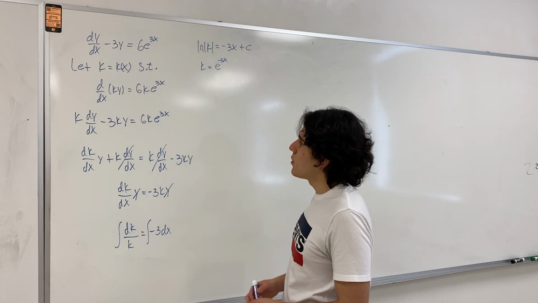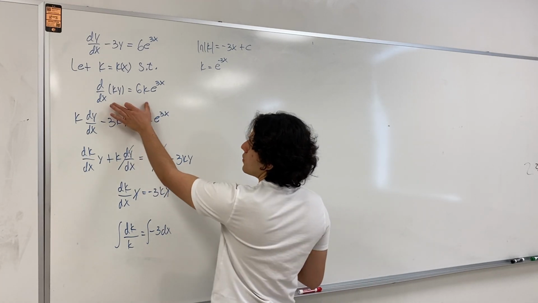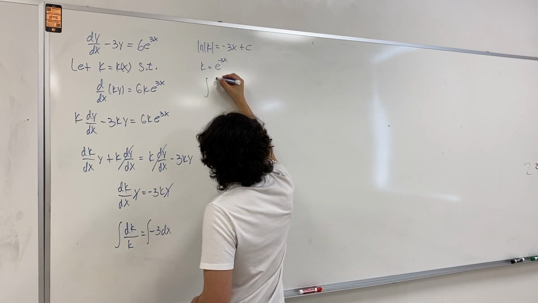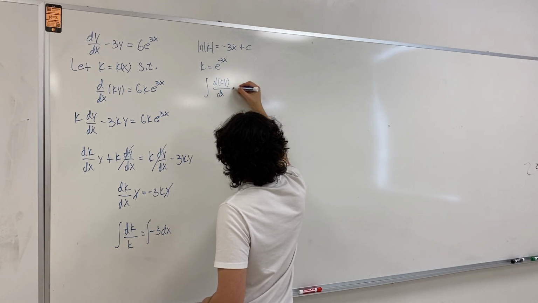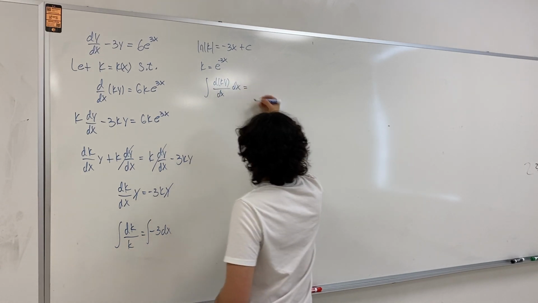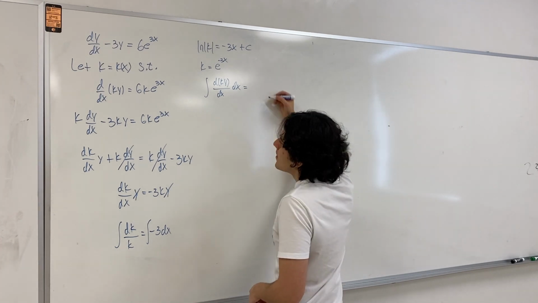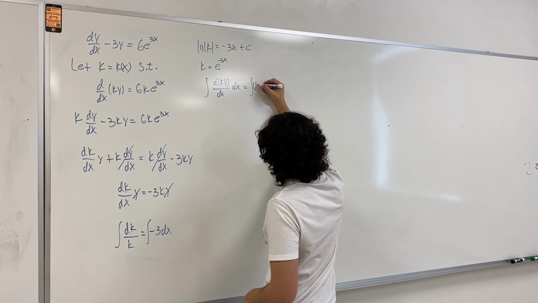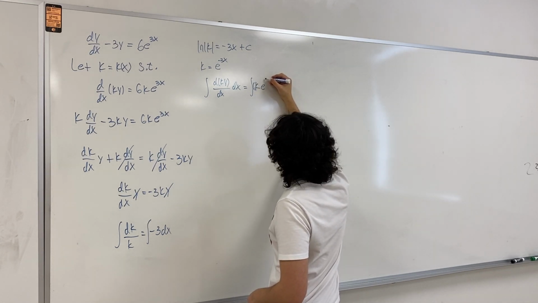And now remember, once we have our integrating factor, we can integrate both sides with respect to x. So let's say we have d(ky) divided by dx. We integrate with respect to x. That's a d. I'm sorry, it looks a little odd, but that's a d. And we also integrate the right hand side, which is 6k e to the 3x.